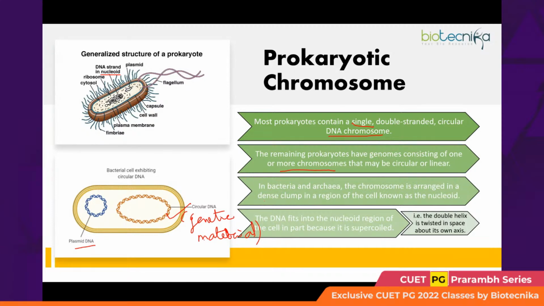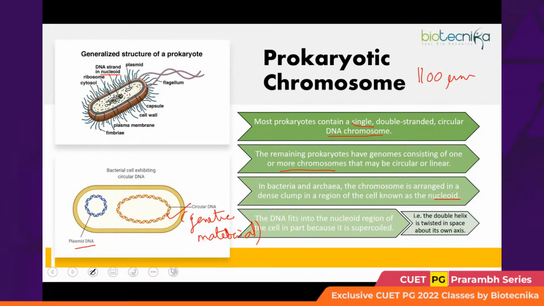Now, in bacteria and archaea, the chromosome is arranged in a dense clump in a region of the cell known as the nucleoid. E. coli DNA is approximately 1100 micrometer long, which is packaged inside a cell that is around 1000 times smaller in length.